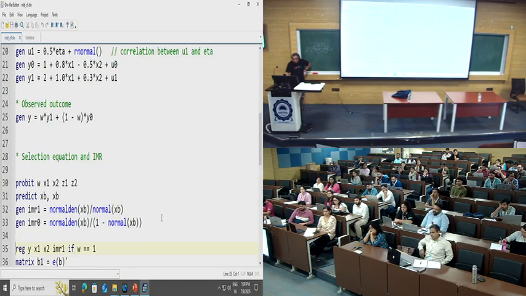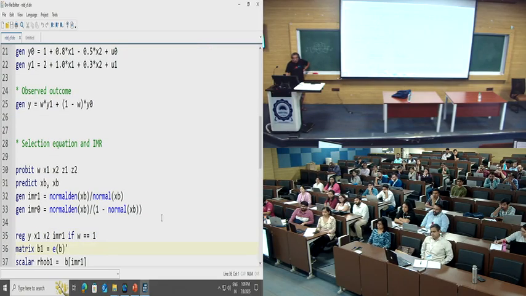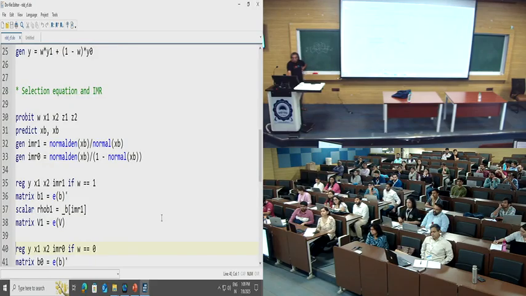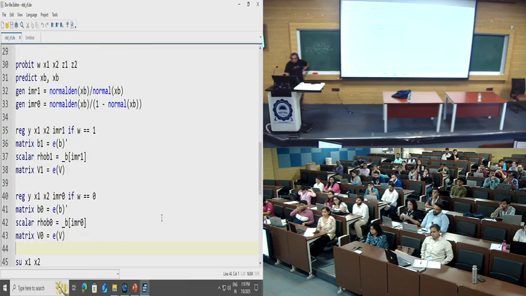Given this, I run the regression of Y on x1, x2 and IMR 1 for my sample selection when W is equal to 1, my treatment. I write them as a matrix, the coefficients and the variance covariance matrix. I now run with IMR 0 for W is equal to 0. I then get a second set of coefficients.